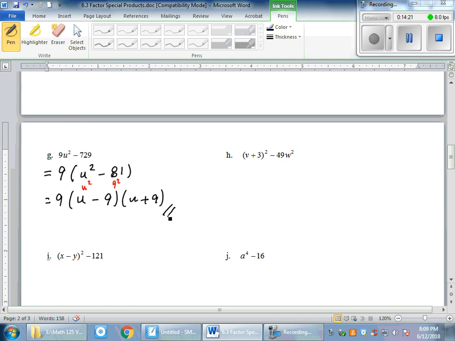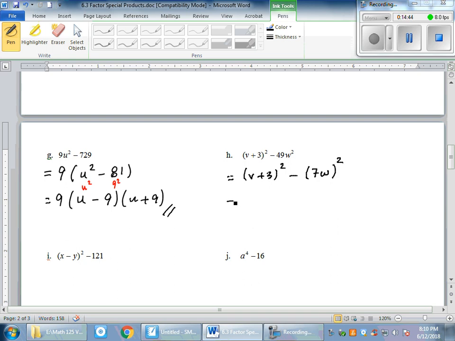Continuing to the next, you can take a look at this in a new format, which is this will be my first, a binomial now, u plus 3 squared, minus my last, which will be 49, a perfect square number, which is 7 squared.